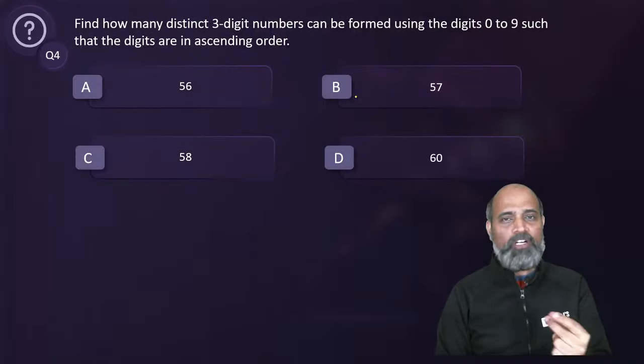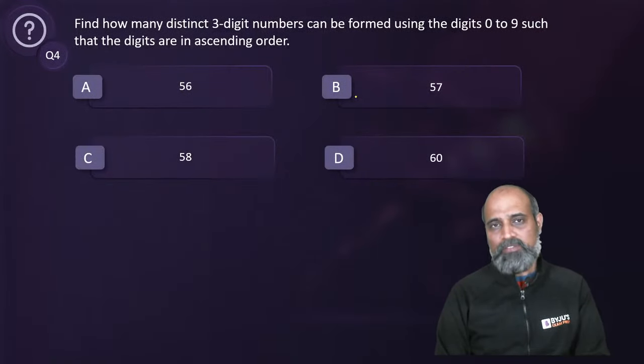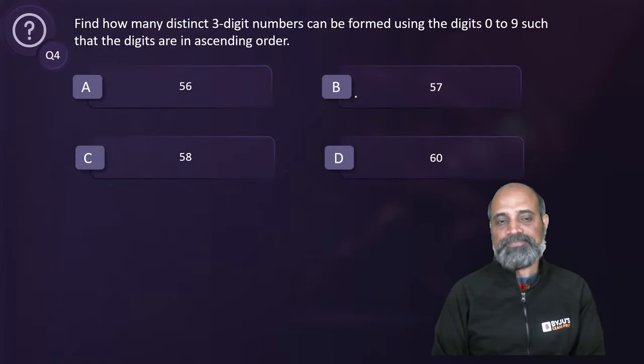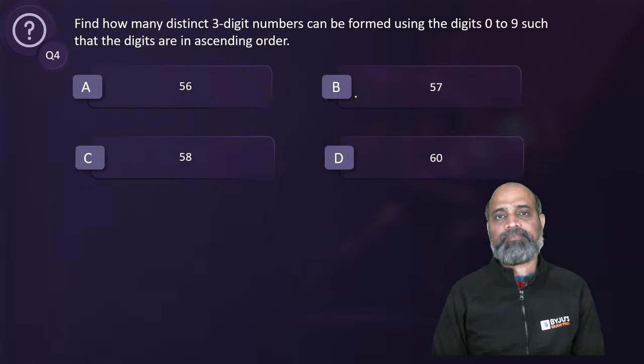Had 0 not been here, it would have been very simple. Okay, now 0 is here. So, how many distinct 3-digit numbers can be formed using the digits 0 to 9 such that the digits are in ascending order?